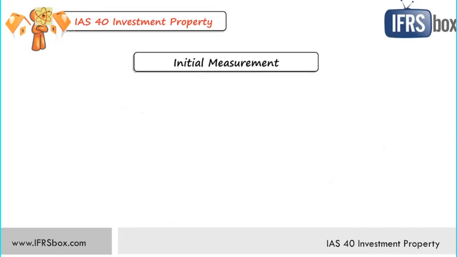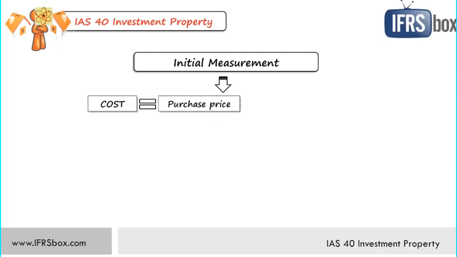That is, when it's recognized in the financial statements for the first time. We do it at cost, including the transaction cost, and the main components of cost are purchase price. Well, this is clear. And any directly attributable expenditures, and here there are items like professional or legal fees.